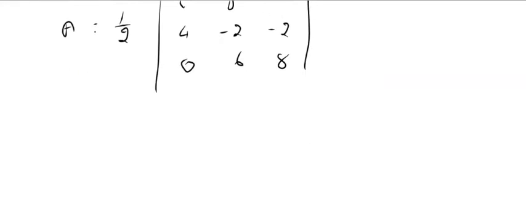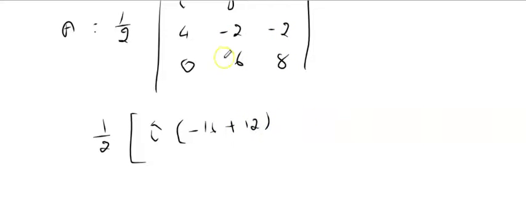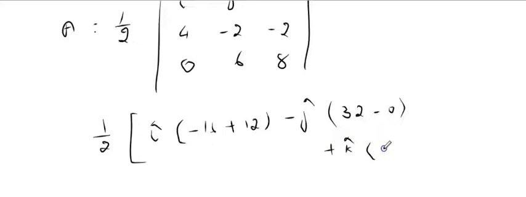Now on expanding, we get this to be half into i into minus 16, 8 2s are 16, 6 2s are 12, minus 12, minus of minus 12 is going to give you plus 12. And minus j vector into 4 8s are 32 minus 0 plus k vector into 6 4s are 24 minus 0.